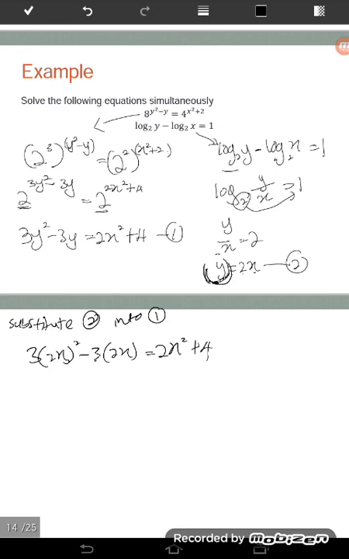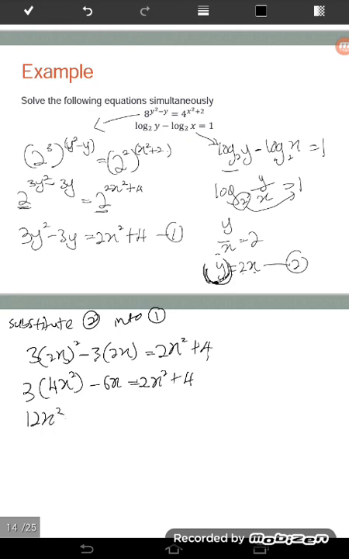So here we have 3 times 2 power of 2, which is 4. And then x power of 2, which is x square. Minus by 3 times 2x, which is 6x, is equal to 2x square plus 4. And then this one multiply with this one, 3 times by 4, which is 12x square.